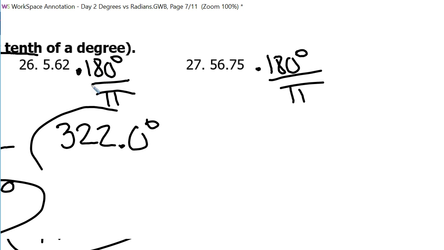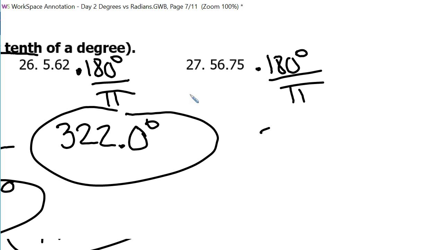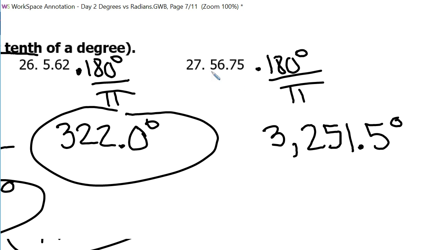So that one's the nearest tenth, that was 0. And for 27, what did you get? 3,250. Okay. There we go. 51.5. 0.5 degrees.